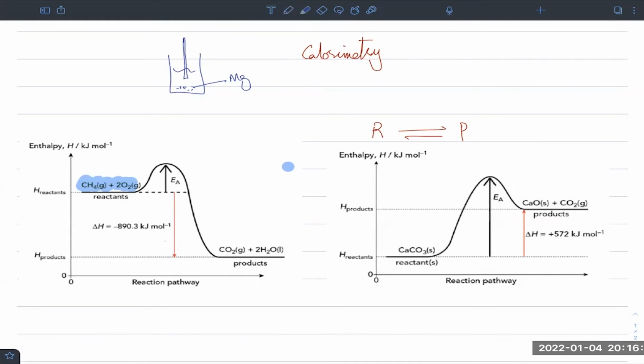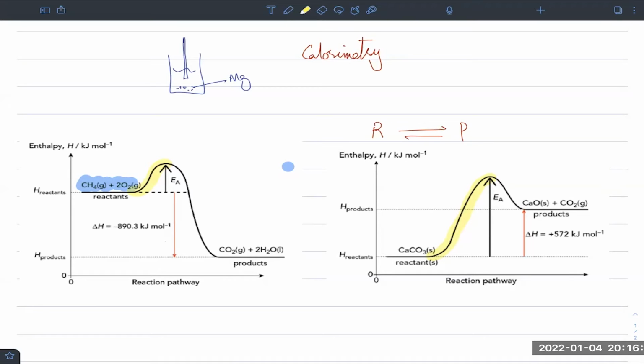So this hump is basically telling me that this increase in the system from here or from here, the yellow part, that is always before any products are made. Reaction must always absorb energy.